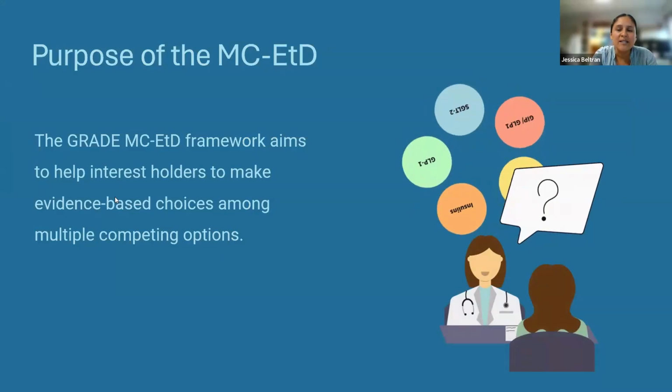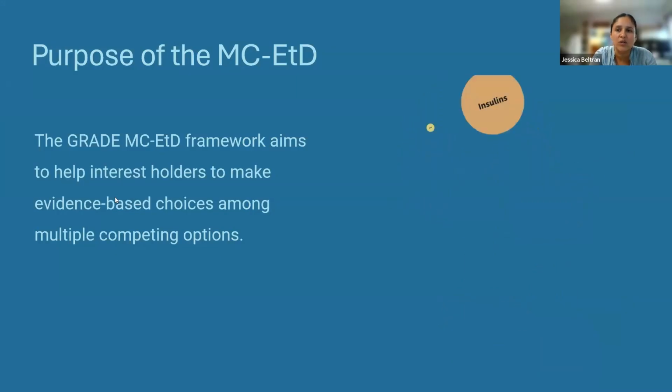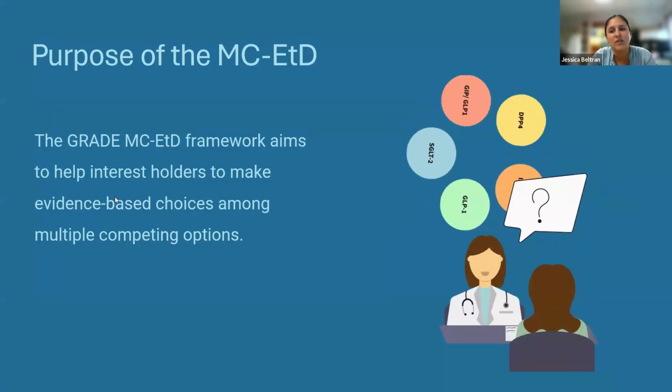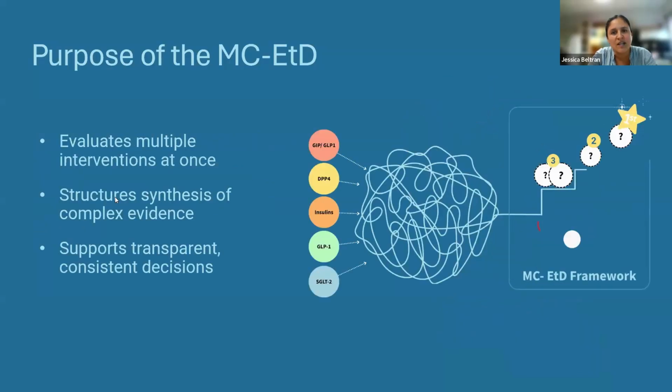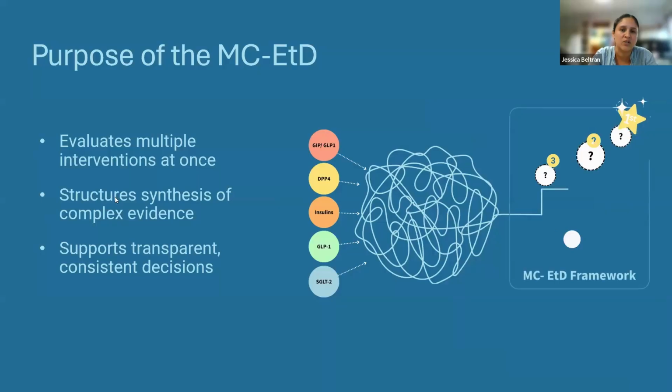So the GRADE multiple comparison ETD framework enables interest holders to make evidence-based choices among multiple competing options. The multiple comparison ETD evaluates multiple interventions at once, structures synthesis of complex evidence, and supports transparent, consistent decisions across interventions.